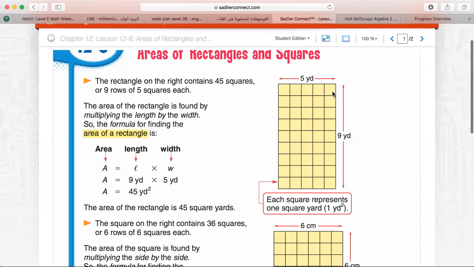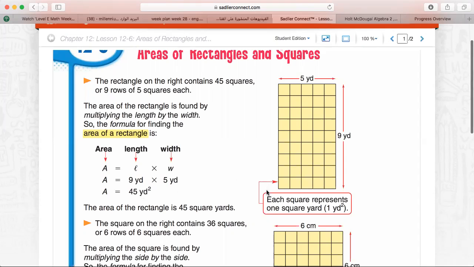If I count all the squares inside, they will give me 45. I multiply 9, the number of rows, and 5, the number in each row, or when I multiply 9, the length, and 5, the width, the answer will be 45. 45 is exactly the number of squares that is covering all this shape.